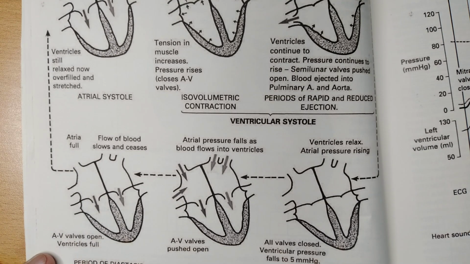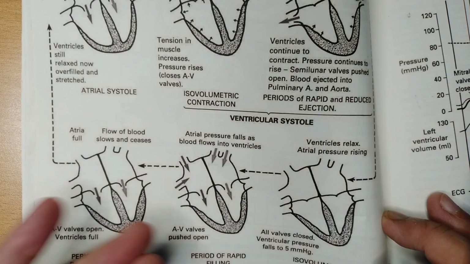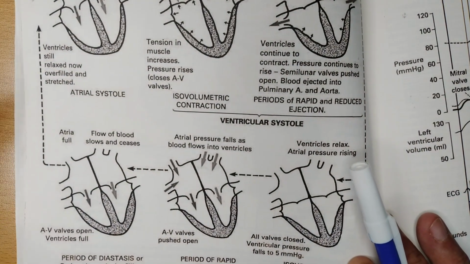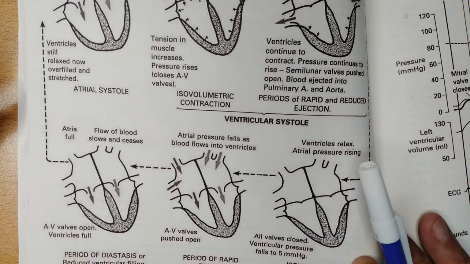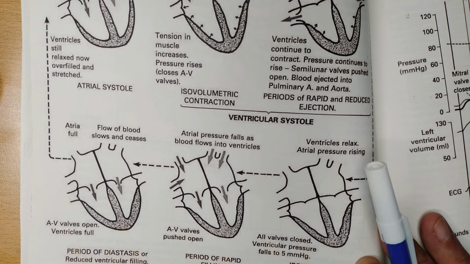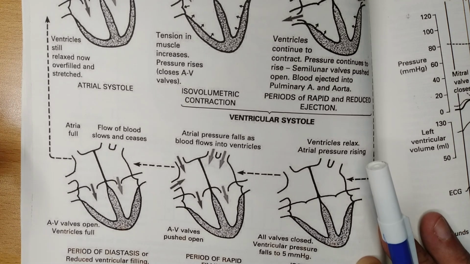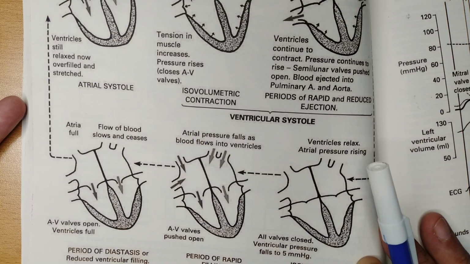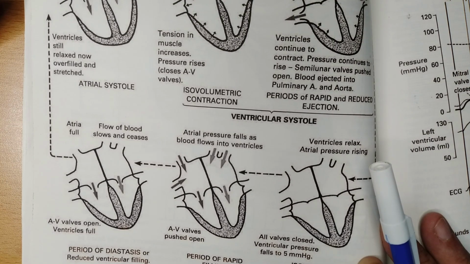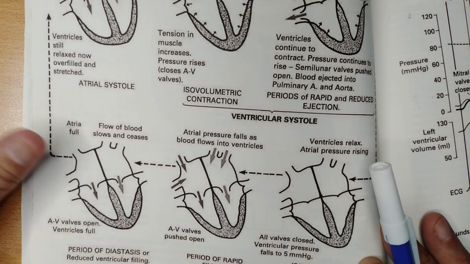Having noted these things, it is important to know that the relaxation or diastolic phase consists of two phases. One is the isovolumetric relaxation phase, when the pressure in the ventricle is more than the pressure in the atria, and the mitral and tricuspid valves are closed, and the aortic and pulmonary valves are also closed.